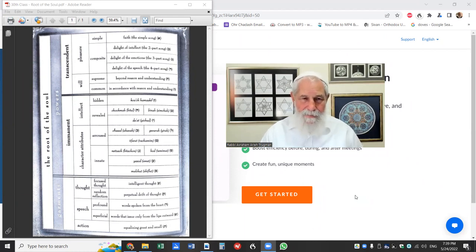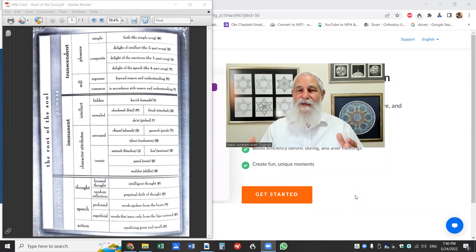So that brings us to the 3 garments of the soul. And like I said, the powers of the soul are relatively silent unless they're expressed. It's the same thing that light doesn't really shine unless there's a vessel that is going to receive it.